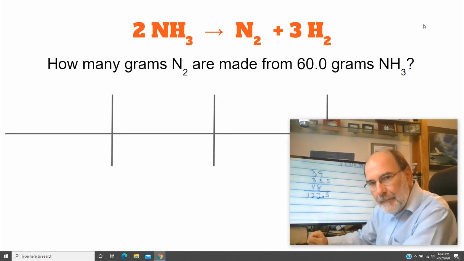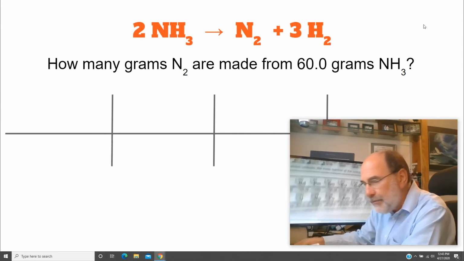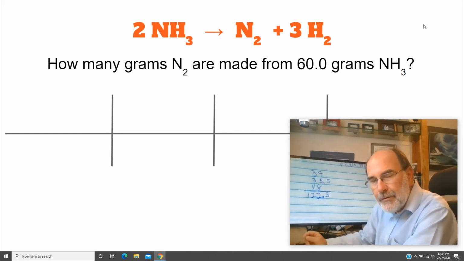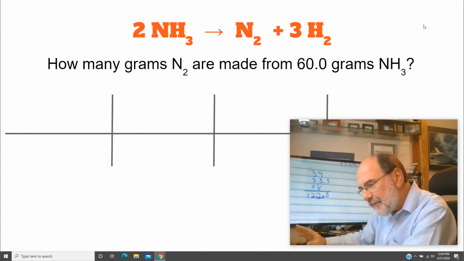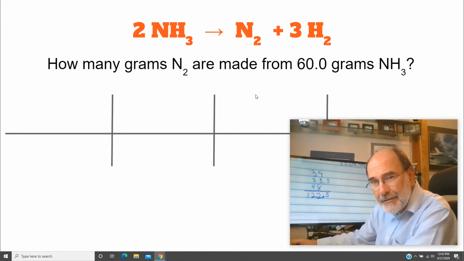Well, 1 mole of nitrogen gas would be approximately 28 grams. So 1.5 moles would be 1.5 times 28, 35. So I'm expecting a little over 35 grams of nitrogen gas out of this.